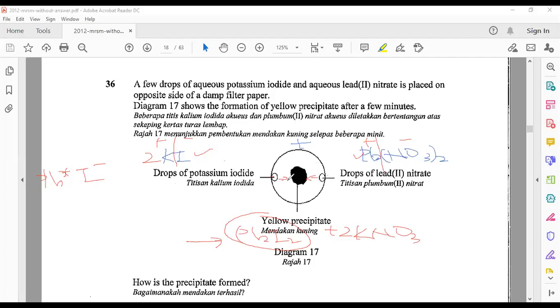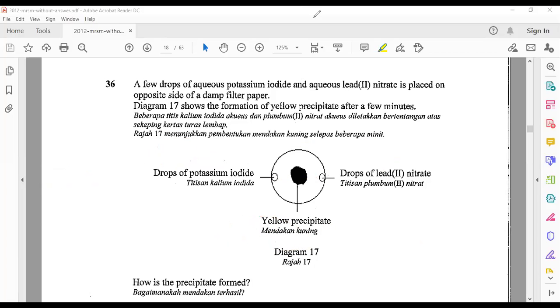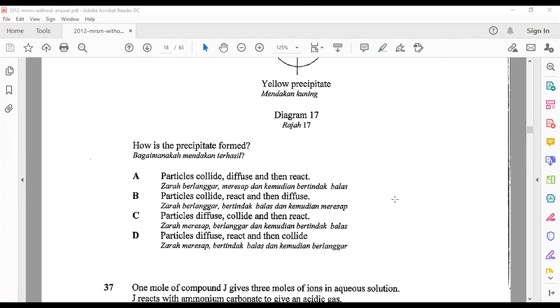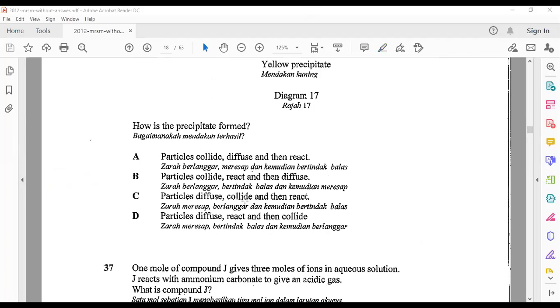When it moves and moves, we say that it is diffusion. And at this place you want the precipitate to be formed, so collision will occur. Do you remember that when we are talking about a reaction to occur that produces product, there must be effective collision? This is the part that we talk about, the effective collision. That's why your answer will be C, C, A, T.